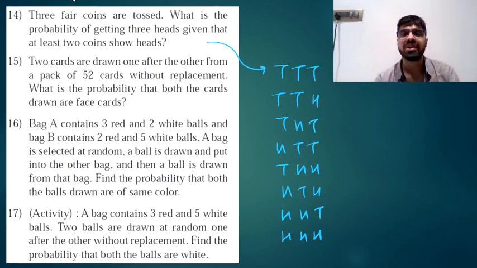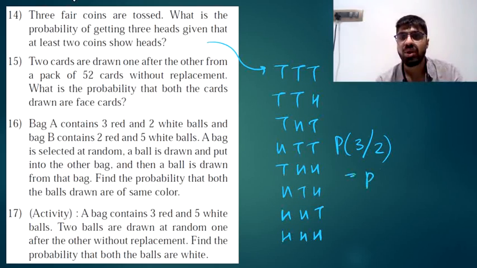So any one out of these 8 outcomes has already come, and they are disclosing something about the result that you have already got. From that result, you are being told that at least 2 heads are definitely there. Now what is the probability that there are 3 heads? Okay, so we are trying to find the probability of having 3 heads given that we already have at least 2 heads.